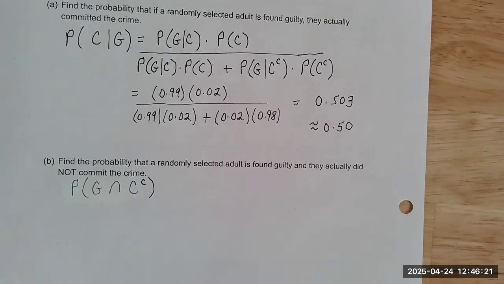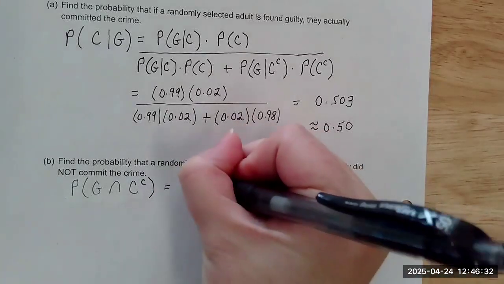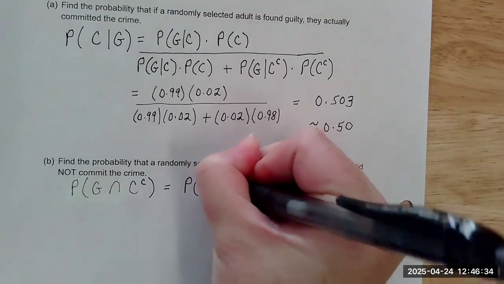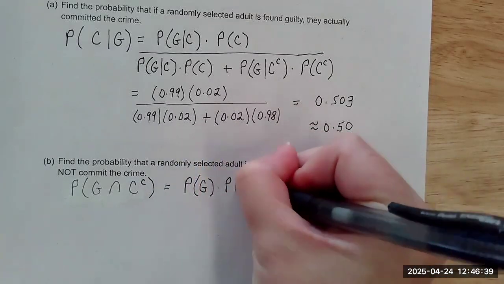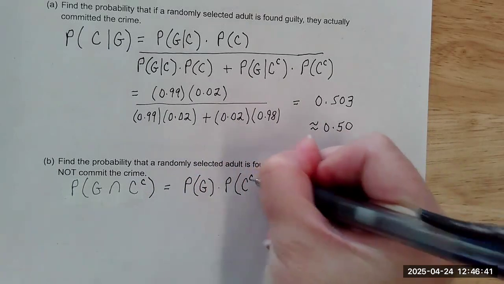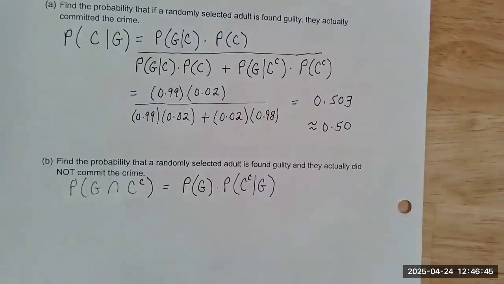You've got a formula for your and symbol that lets us turn it into a conditional probability. So here's what the formula says. This is the probability of G times the probability of C complement given G. And so sometimes that's all we need.